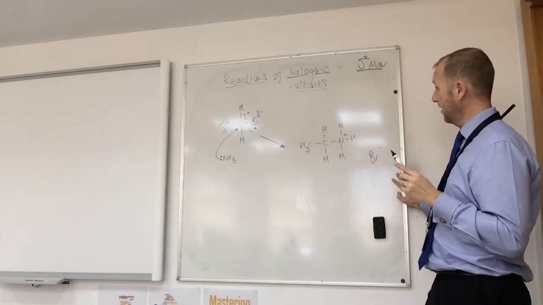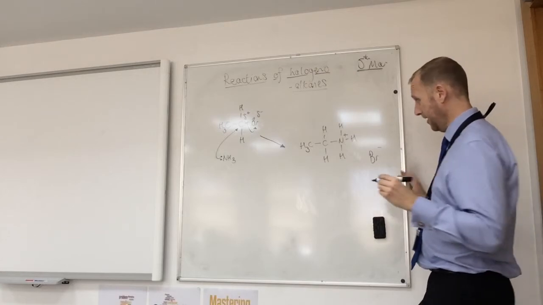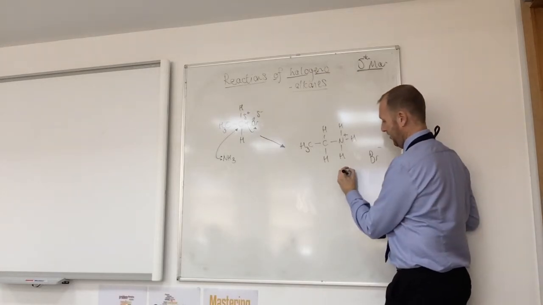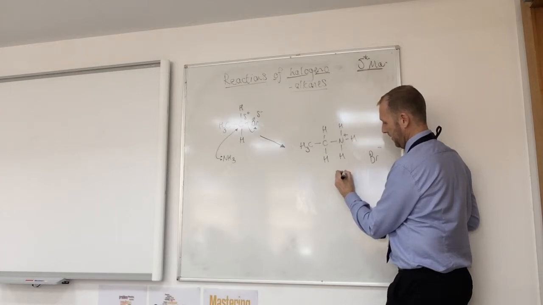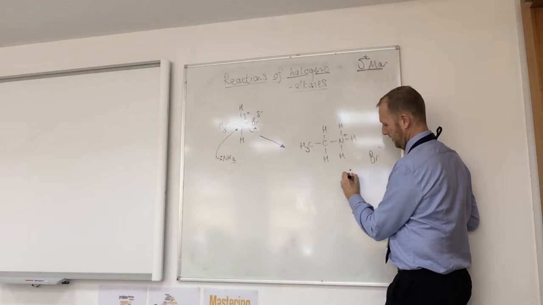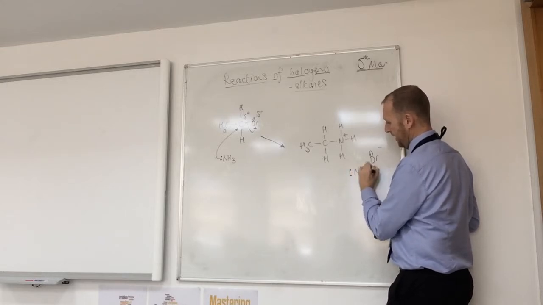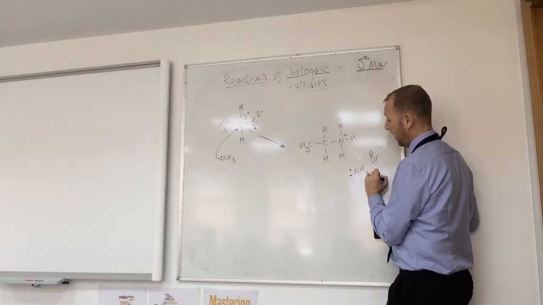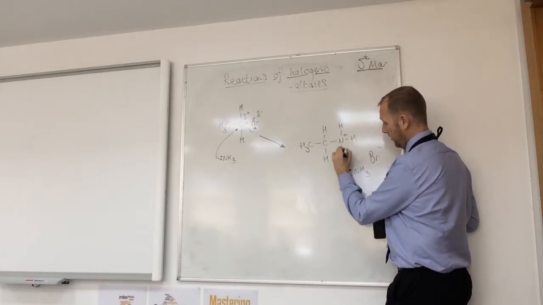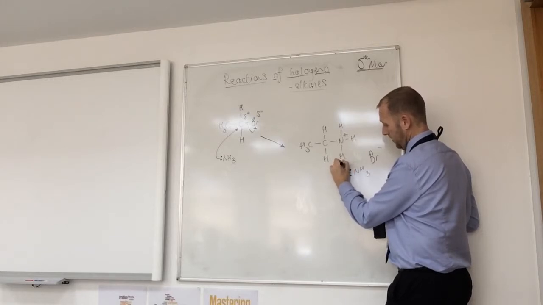So the next step, there is another little step in here. It's important. We need another NH3. And this is the bit you probably didn't get. We need this to work and break a bond here.